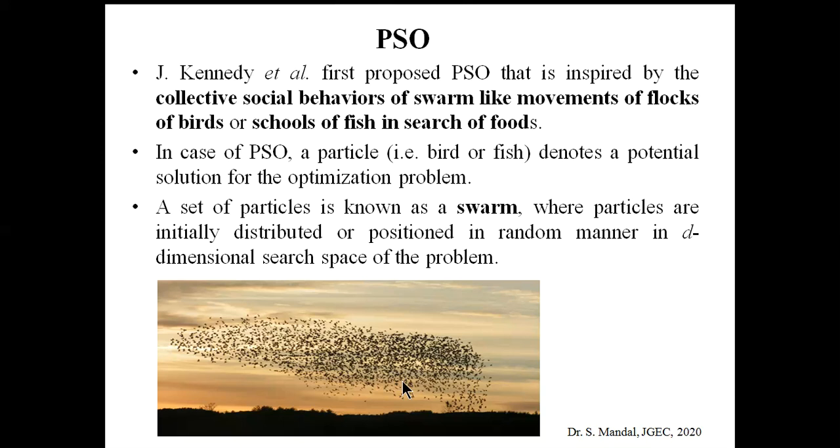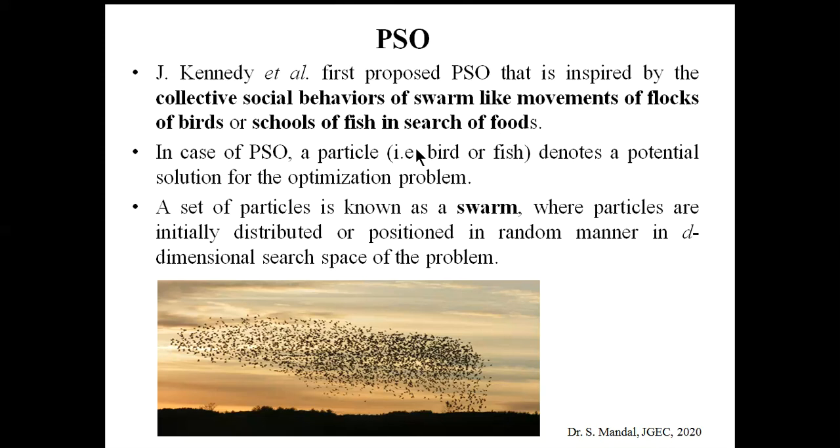So here a particle denotes a bird or fish. Okay, each particle means one bird or fish, and a set of particles is known as the swarm. Okay, and if we consider the optimization problem, each particle denotes a potential solution for the optimization problem.